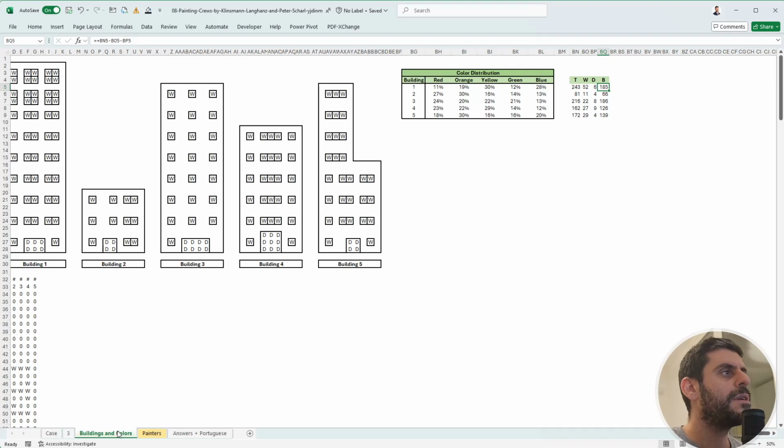So requested building. I need to paint the blocks.